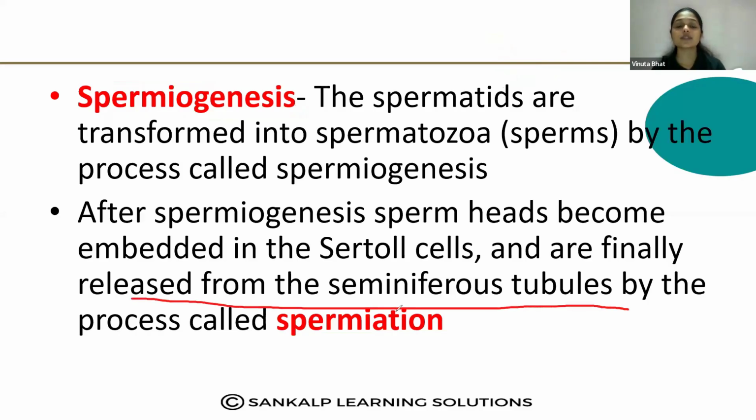Spermiogenesis means the spermatids undergo structural transformation and form the sperms, and spermiation is the release of the sperms from the seminiferous tubules. Okay, so this is about spermatogenesis.